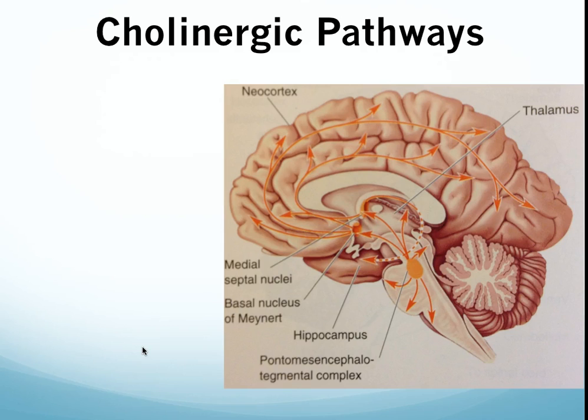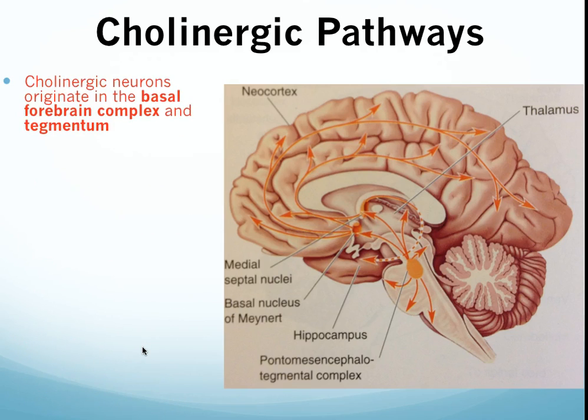The next pathway is the cholinergic system. Cholinergic means acetylcholine, so we're talking about the neurotransmitter acetylcholine here. And these neurons are going to project out of the midbrain region. Remember, the tectum and the tegmentum are the two regions of the midbrain. Here we have the basal nucleus of Meynert.